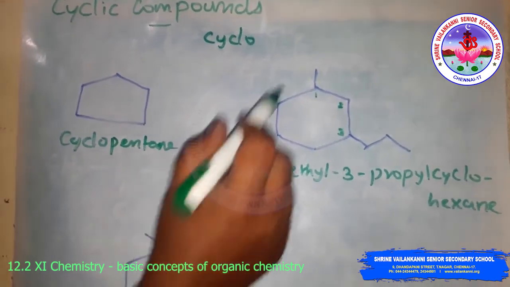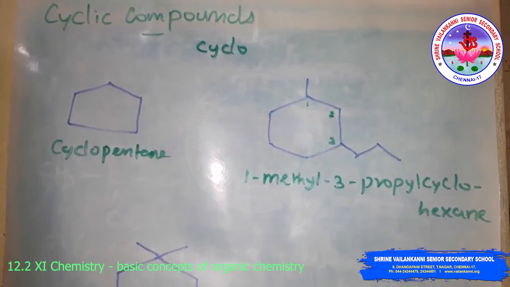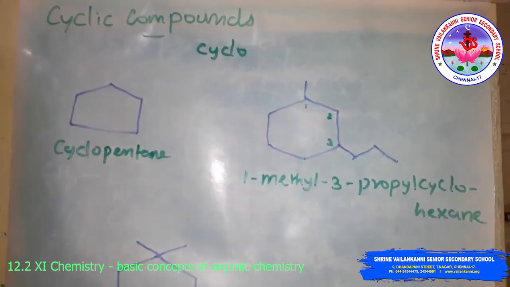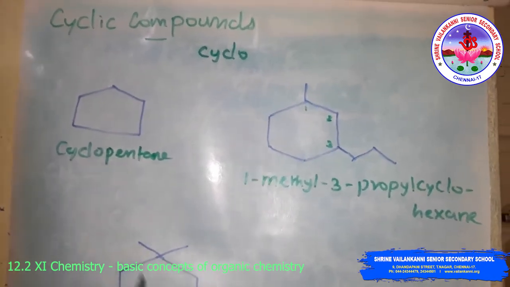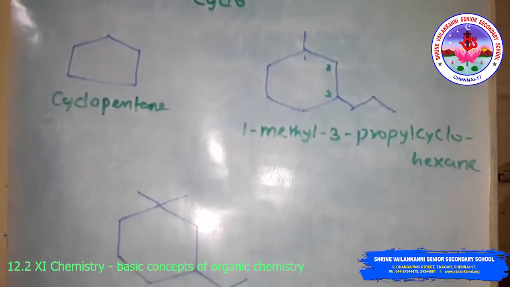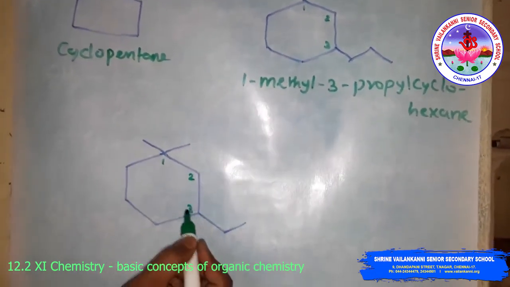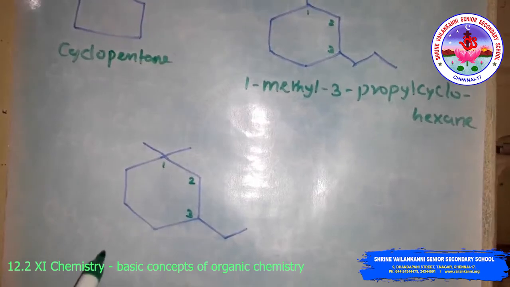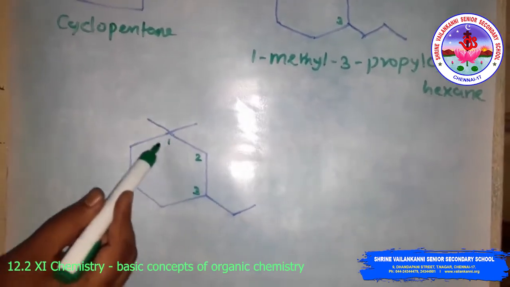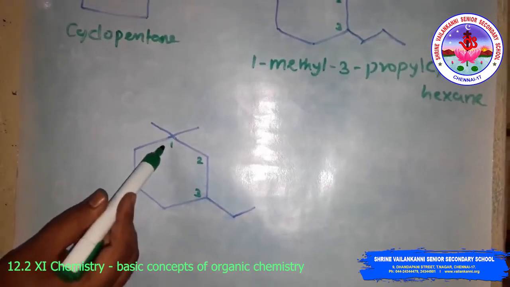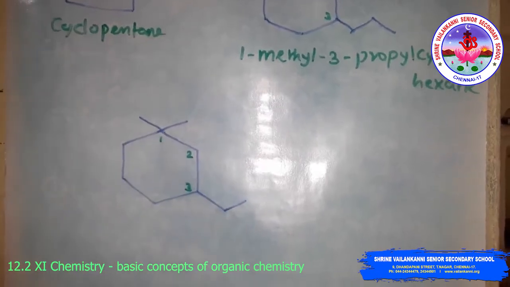So here the alphabetical order of the numbering. Then the more branched carbon gets the lower number in this compound. See, more branches here, one branch or two branches? Here one branch, so the three branches are there. So here also 1, 2, 3, more branches gets lower number. So here two branches are there, so I am using number 1 carbon as this only, not this. This is only one branch, here two branches.